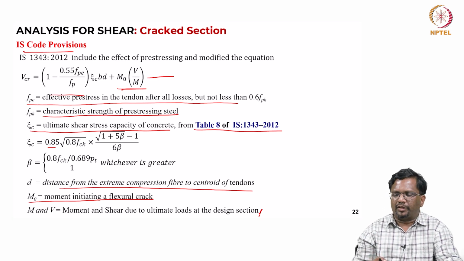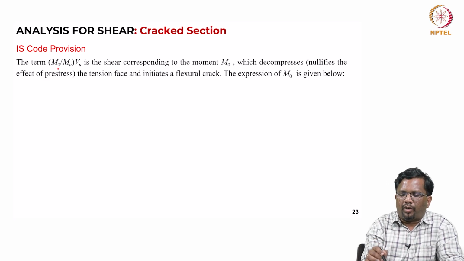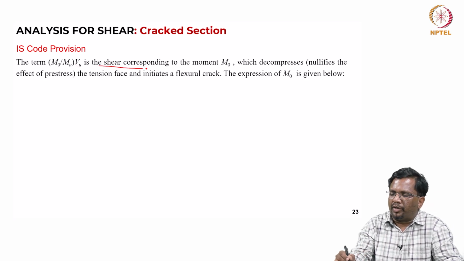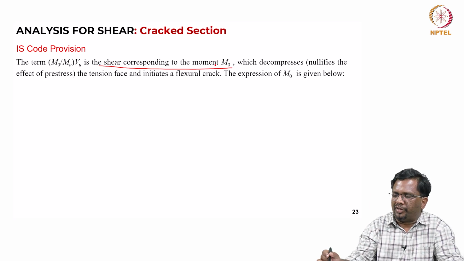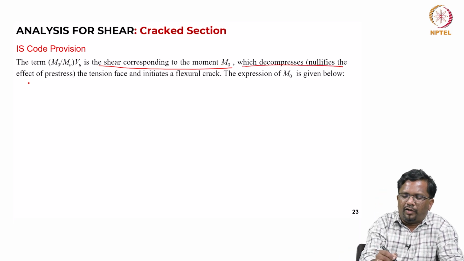Now, let us see how we get the other equation. You see here M naught by M into Vu is basically the shear corresponding to the moment M naught. That means this is the shear that is acting when the pre-stressing moment corresponds to a moment of M naught, which is going to decompress or nullify the effect of pre-stress.